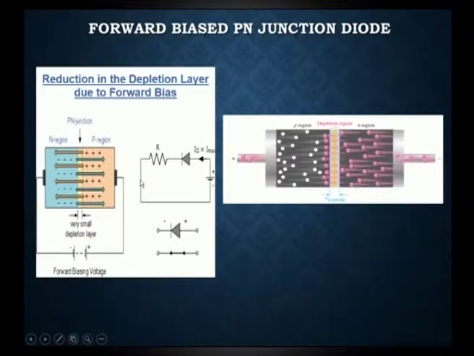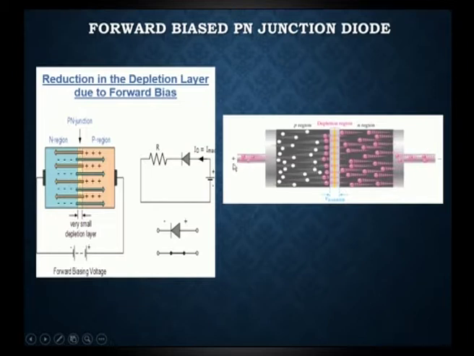that is IF, which is represented as IF. In the picture, this is how the electrons and holes move across the junction. Whenever the positive potential is given, the holes present in the p region move, because the positive terminal of the supply is connected to the p region and the negative terminal is connected to the n region.